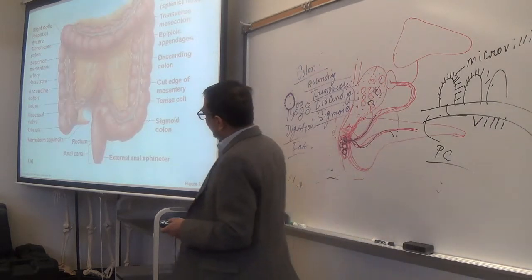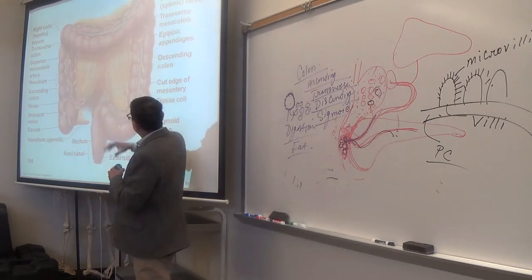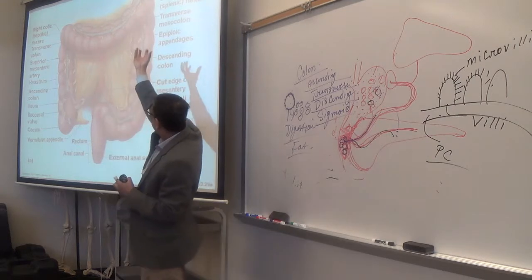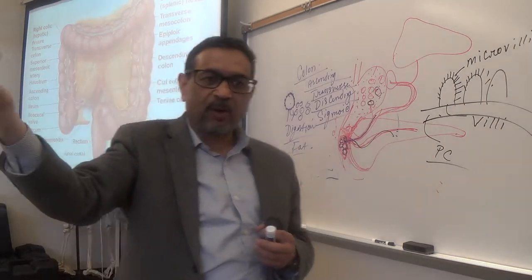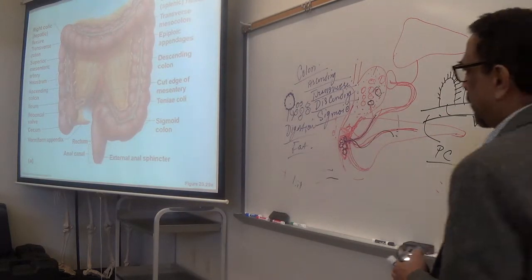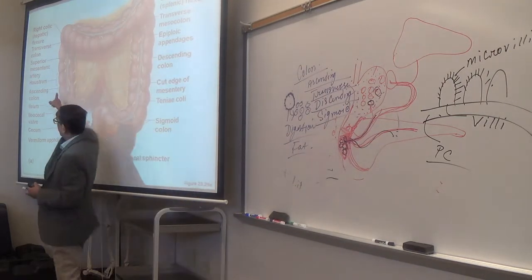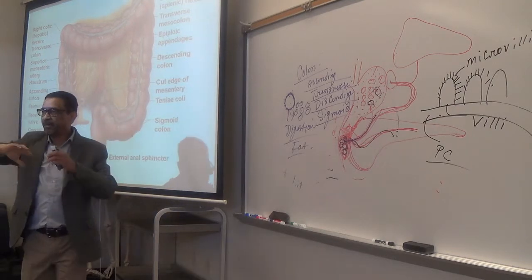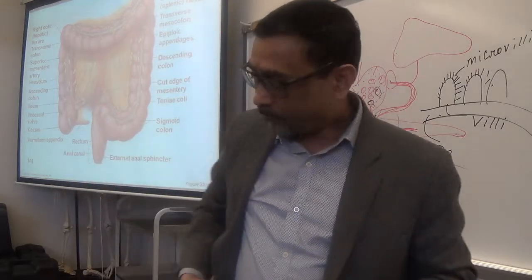Now you see, the large intestine has sacs, pouches, or pocket-like structures. Those sacs are called haustra. Haustra is plural, haustrum is singular. One is haustrum. If I indicate many, haustra. Okay? Those sacs.